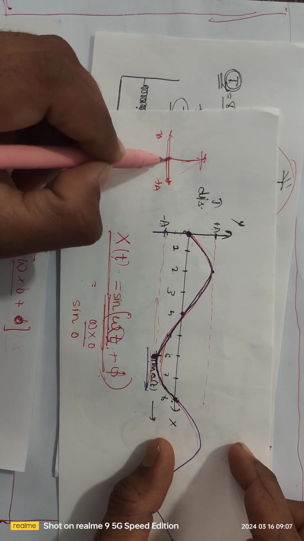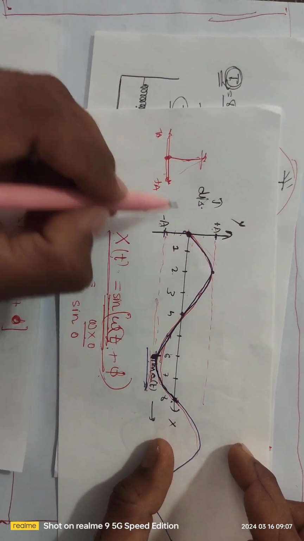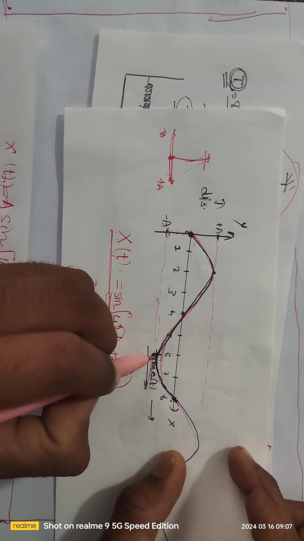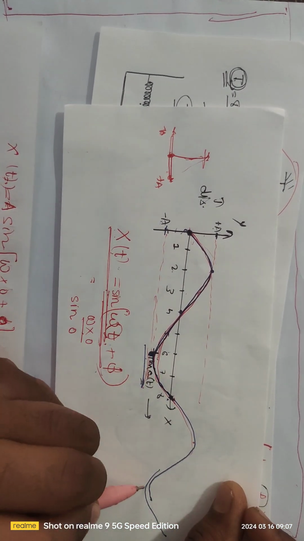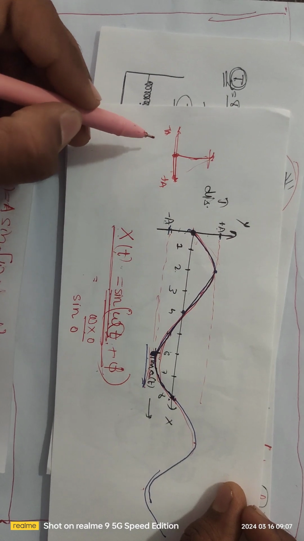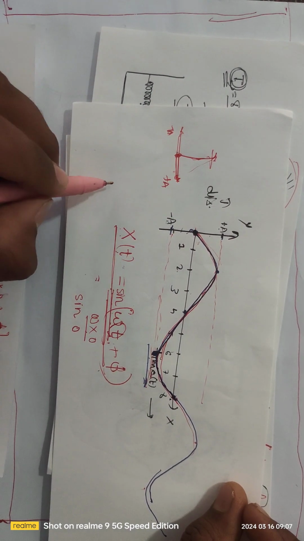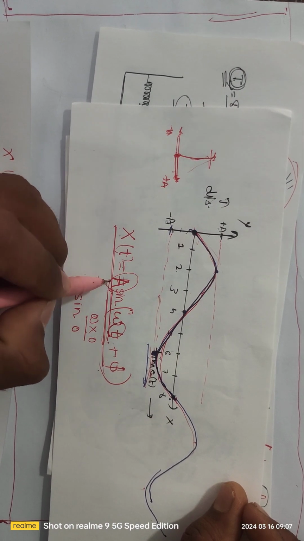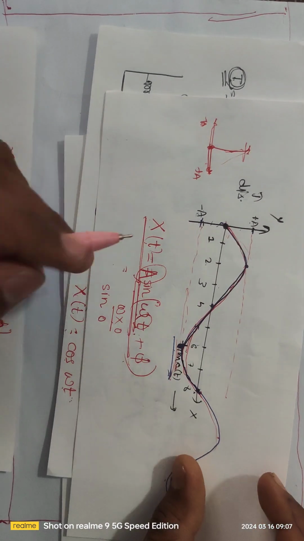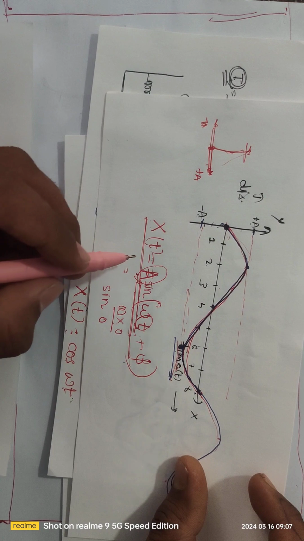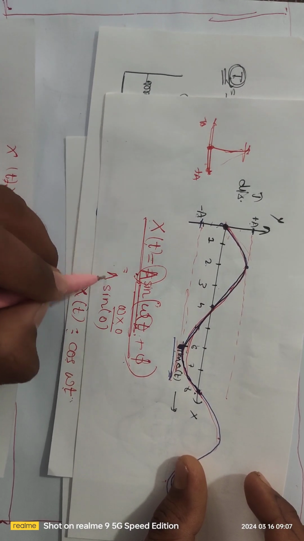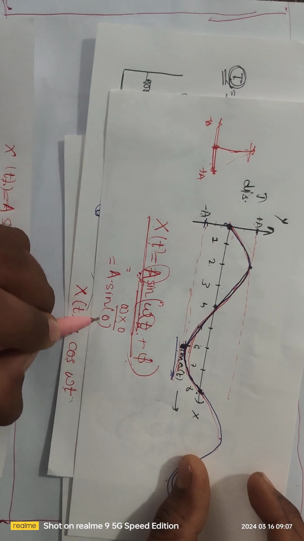I started from here according to this graph, so first it becomes plus maximum, minus maximum, again plus maximum, again minus maximum, so its value changes according to a. So here a is there, but at t equal to 0 this term will become 0. a is present here but sin 0.